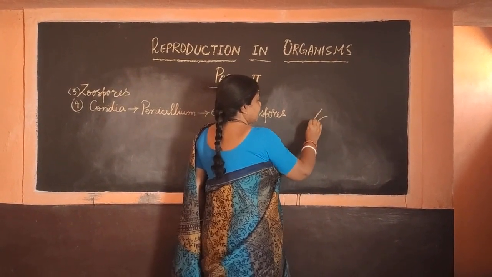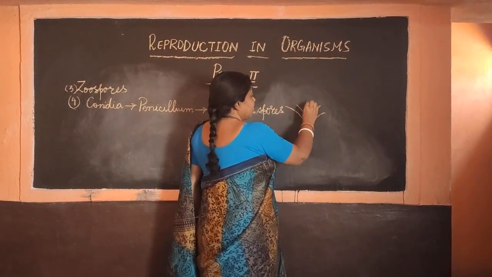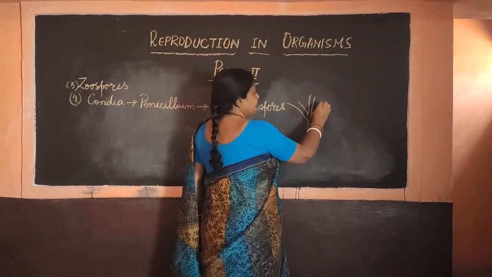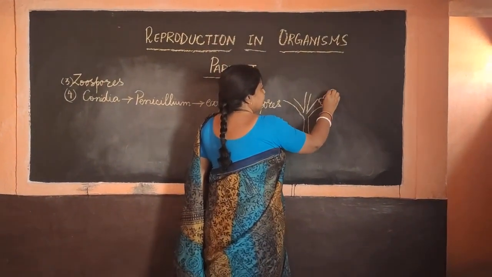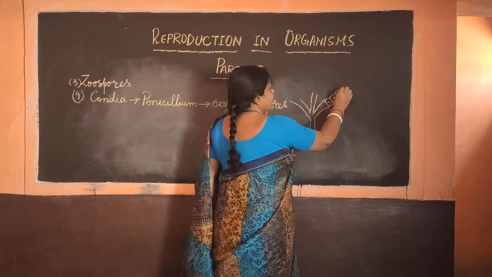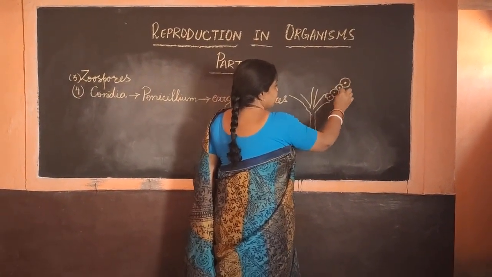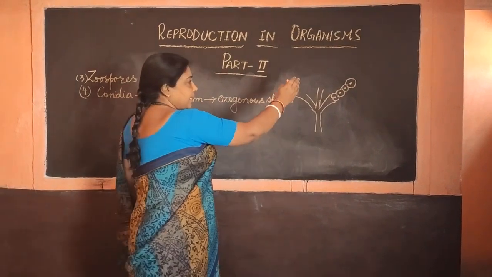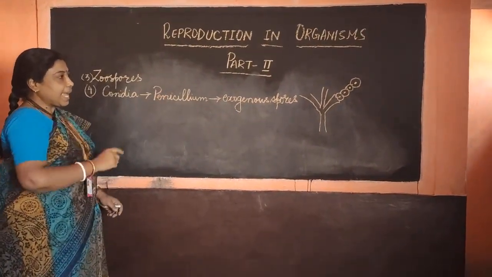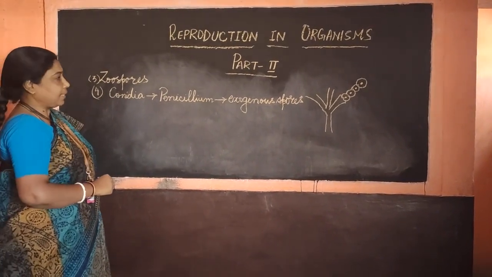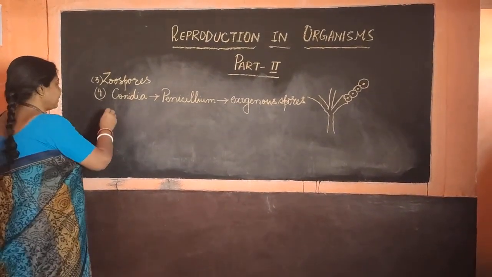You see, these are conidiophores coming out of the hyphae, and then ultimately you will see certain conidia, that means spores, in chains coming out of it, and when they fall on a suitable substratum, each of them has the capability of giving rise to new individuals.